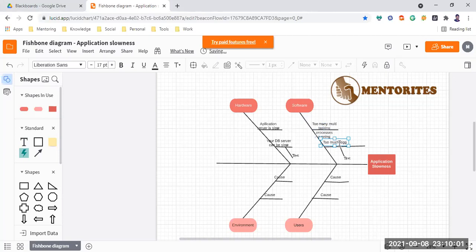You've added too many logs in the software, which is slowing down the application. Likewise, you update what the different causes are for each of them, and then you finalize the actual root cause for this problem. So this is one of the techniques. 5 whys is also a good technique. You keep asking why 5 times till you reach the solution.